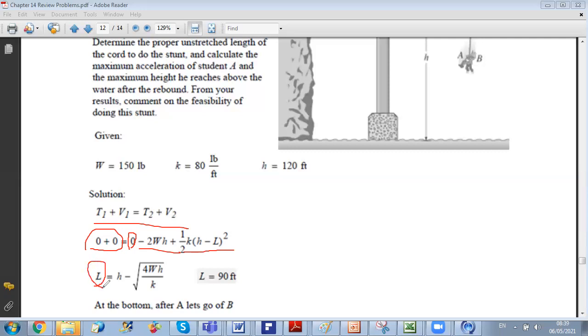Okay? Now, second step, we want to determine what will happen when B leaves A. When they reach water level, B will leave A, and then A will go alone. So now, at our new state, state 3, what do we have? First, we said that the velocity of the two was 0, so still T3 is 0.